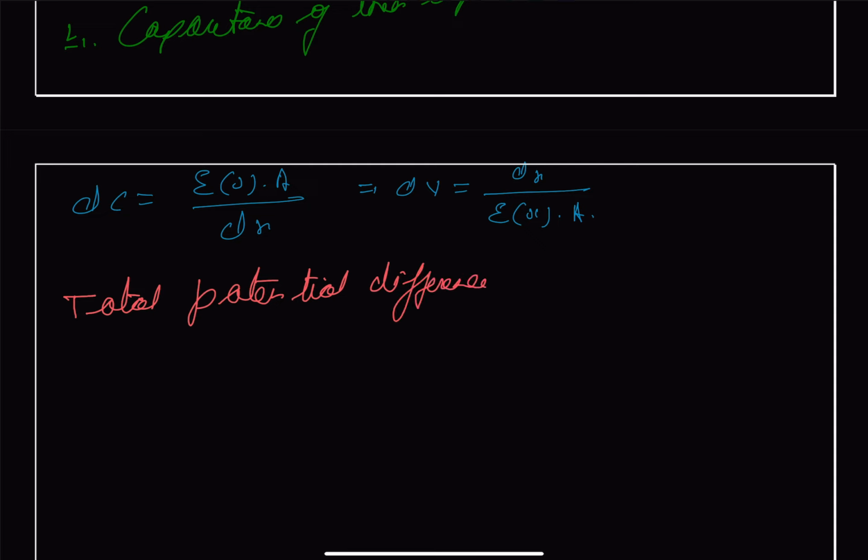If that is given as V, it will be equal to the integration from 0 to d, the entire thickness, of dx divided by epsilon x multiplied by area A.